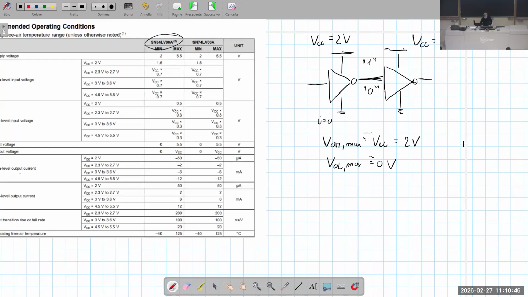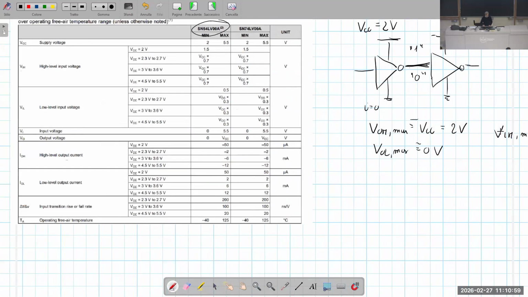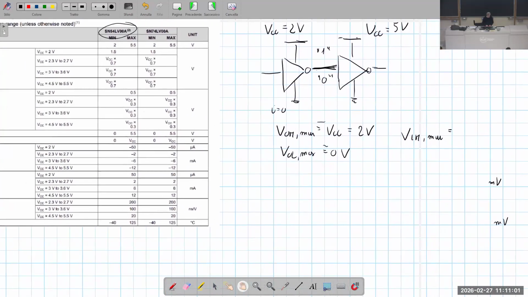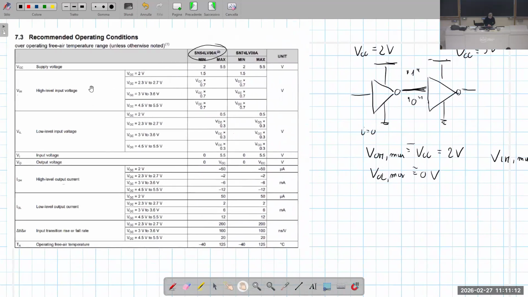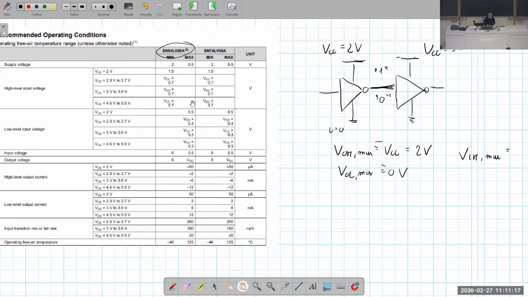Now let's consider which are the characteristics of the digital input. So VIH minimum, the minimum voltage which is recognized as 1, is given, looking at the data sheet, by VIH minimum at 5-volt supply.